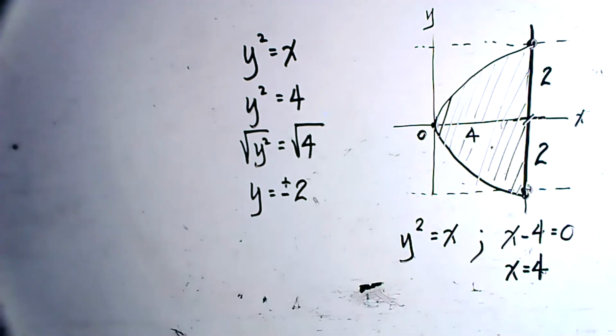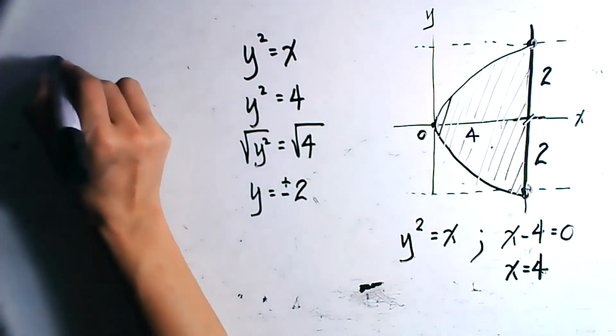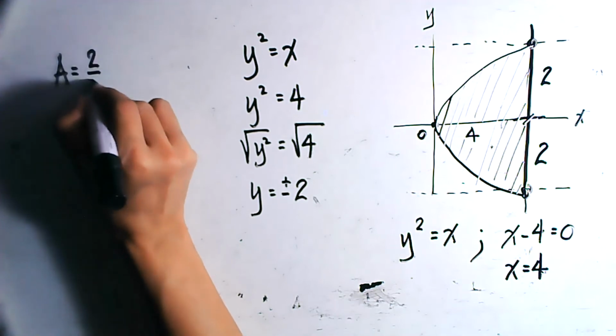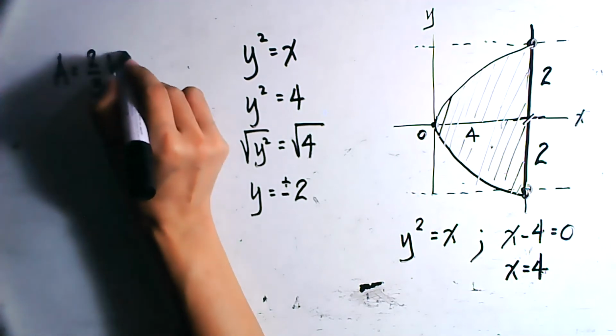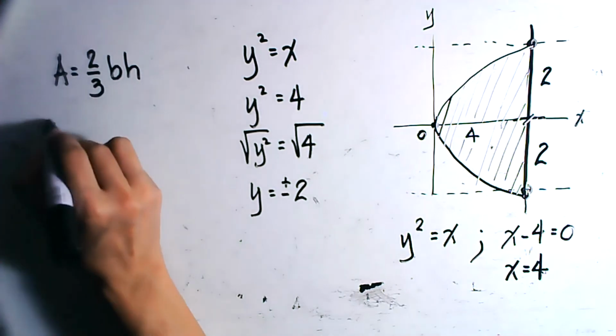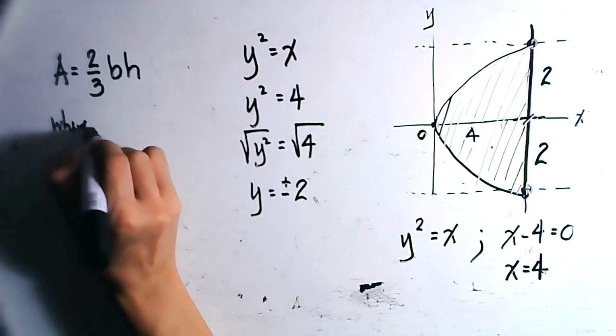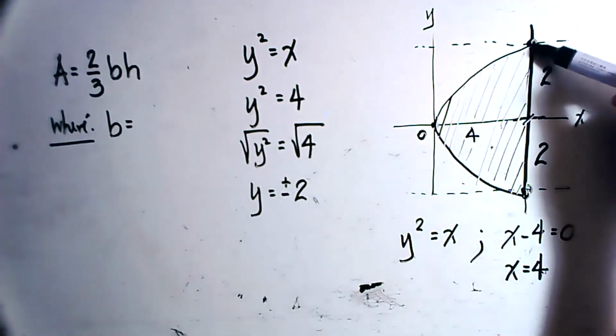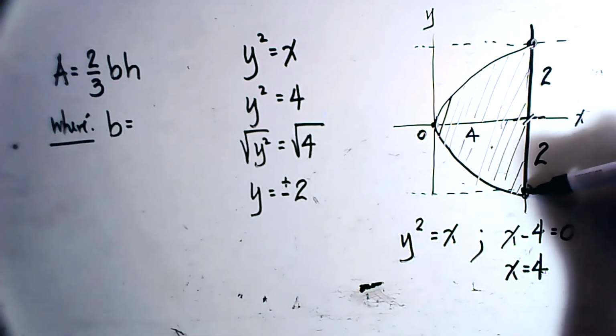So again, we are going to apply the formula for the area, which is equals to 2/3 base times height. Wherein again, our value for B this time will be this base.